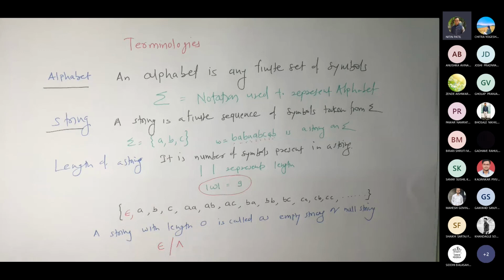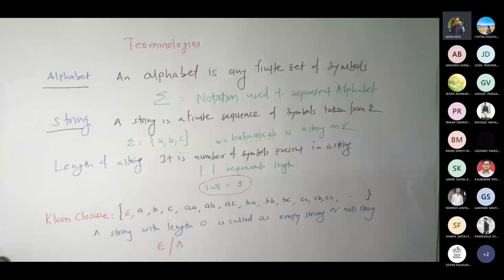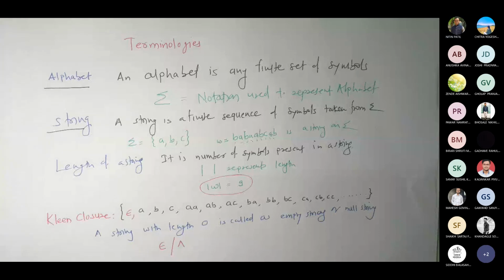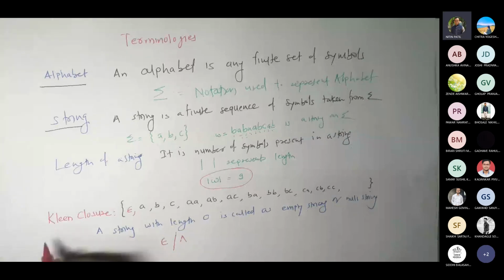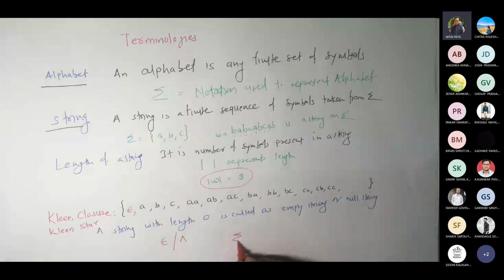You will call this by a particular name. That name is given as clean closure, or in some books it is referred to as clean star.